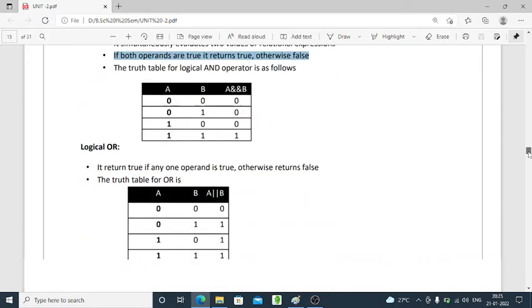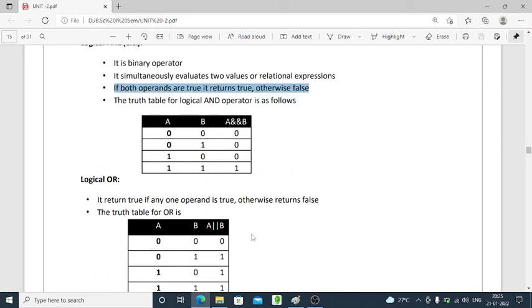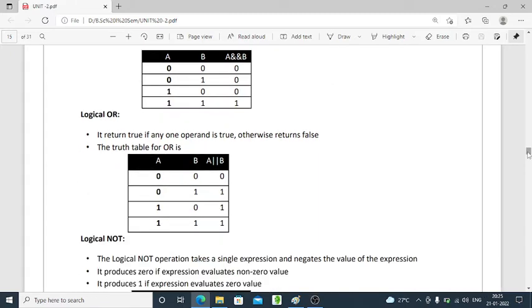The next one is logical OR. This is the truth table of logical OR. If anyone is true, it is true. That is the rule of logical OR. If any one operand is true, the output is true. If you observe the truth table here, one operand has value 1 and another operand has value 0.